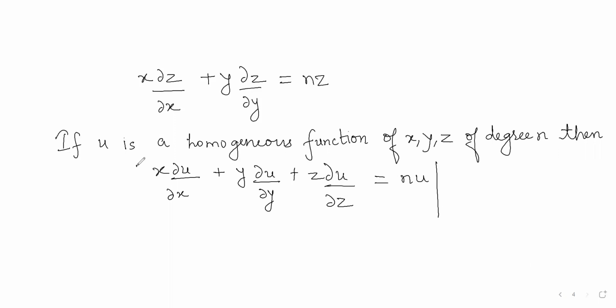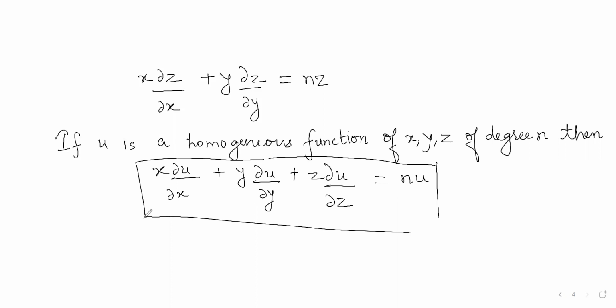Then we can write Euler's theorem in this form. So depending on the number of variables we have, n is the degree, and these are the independent variables on which the function depends.